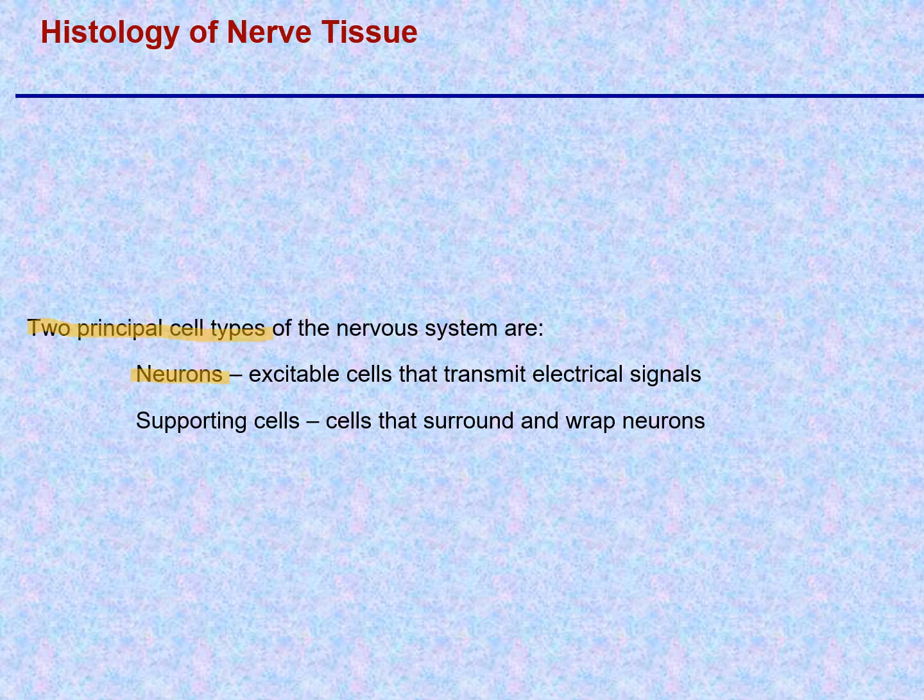Cells that surround these neurons and wrap themselves around them and help feed them, support them, guide them, many things. There are quite a few different types of supporting cells, and I'll talk to you about some of them. And I'll give you some idea of the fact that neurons can have different structures depending upon their role in the body.